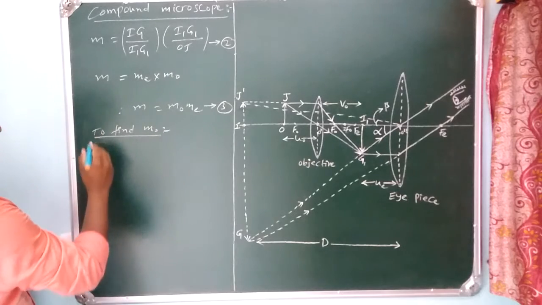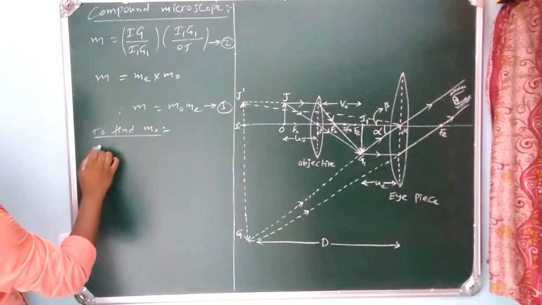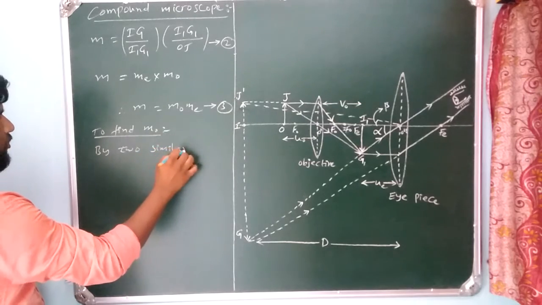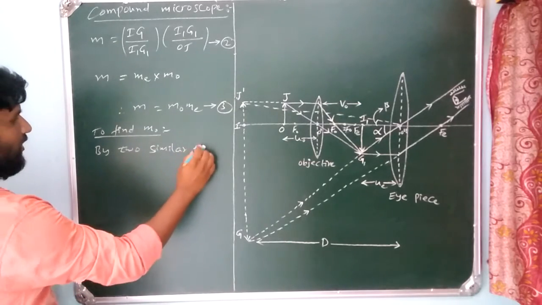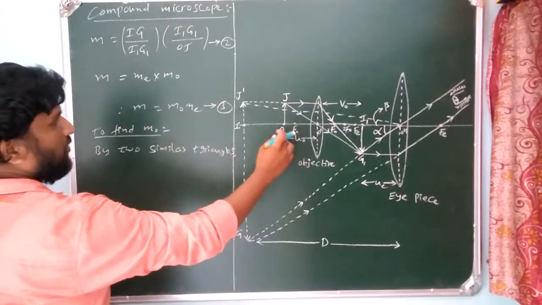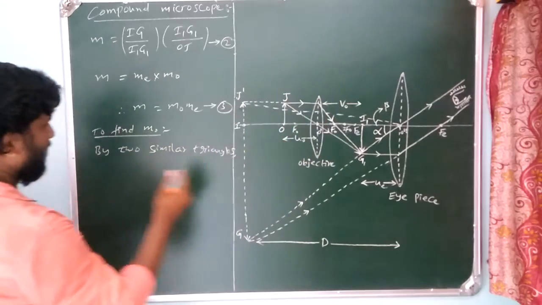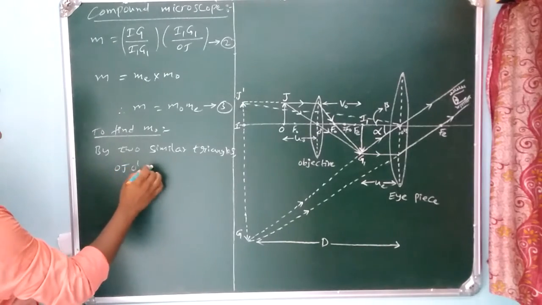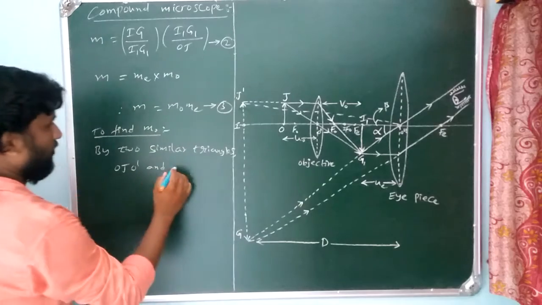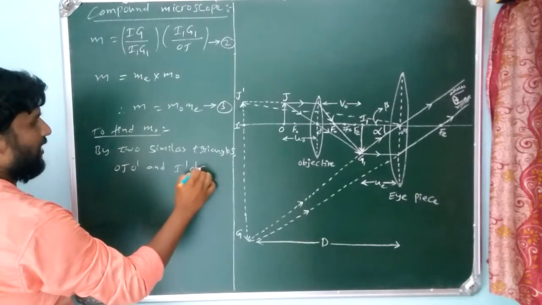To find m naught, consider two similar triangles: OJO' and I1O'G1.